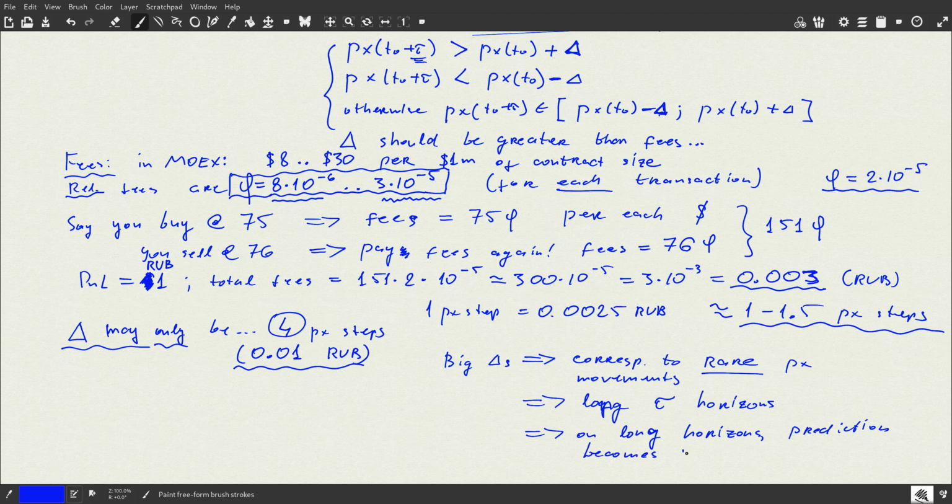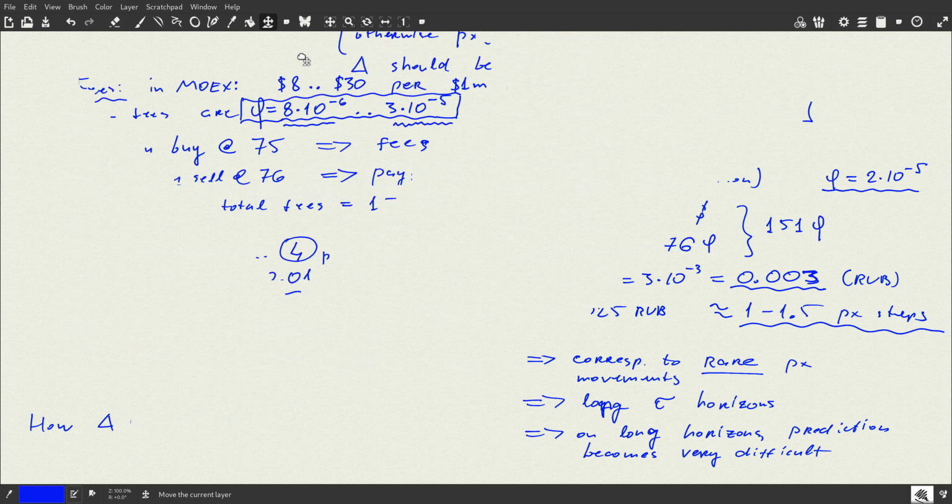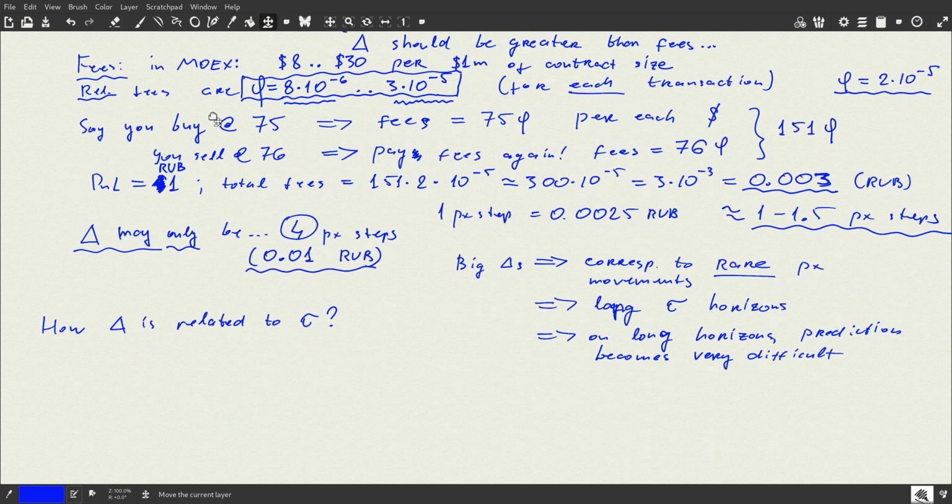I can give you a formula. How delta is related to tau. Approximately. For small deltas, we can, from the theory of stochastic processes, which can be used to model the price movements.